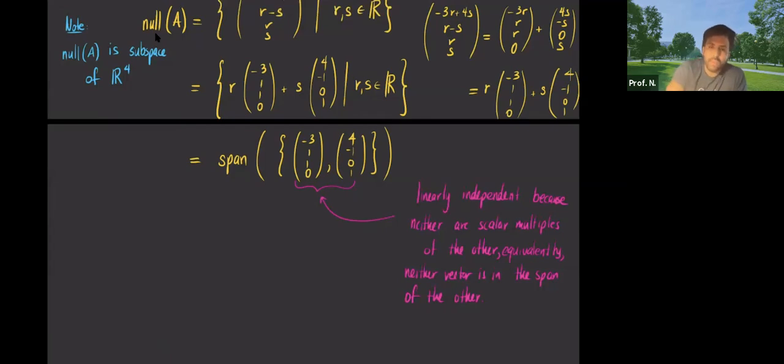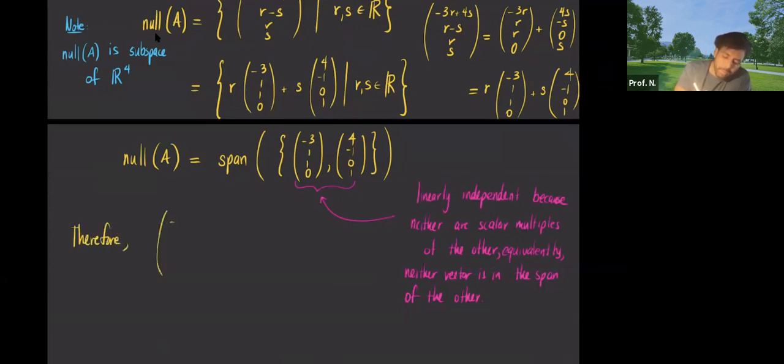What can you conclude about these two vectors? If you have a spanning set and that set has vectors that are linearly independent, they're called a what? That's right.